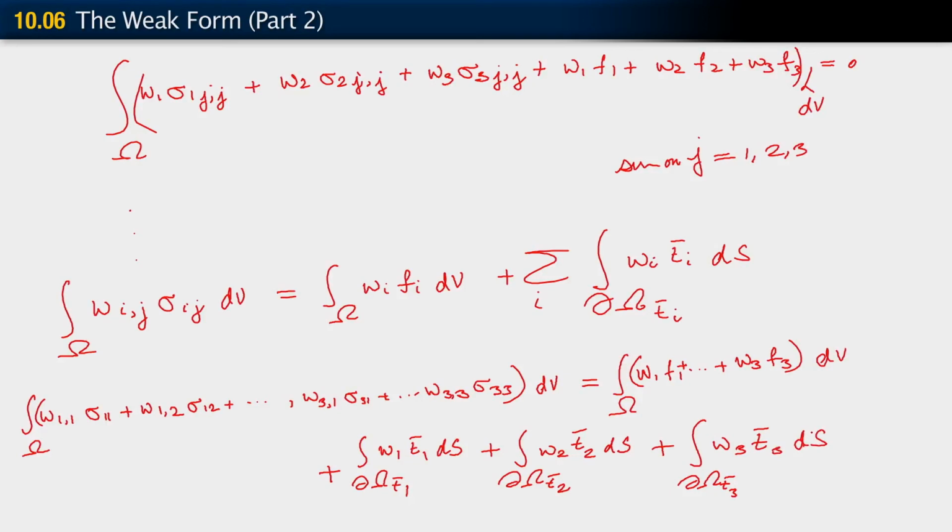The key in this case is that each of those boundary subsets could be different. Clearly there's no sum implied here, because I've written everything explicitly. So over each boundary subset, you're only integrating its corresponding components.